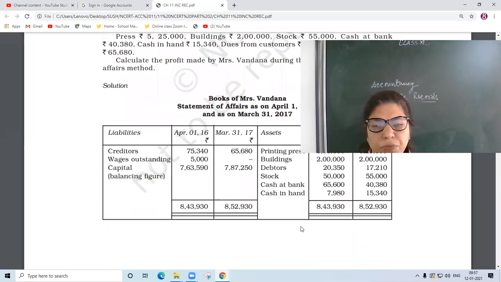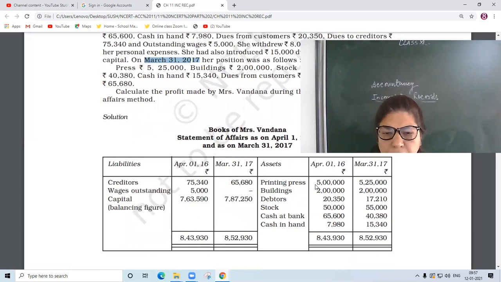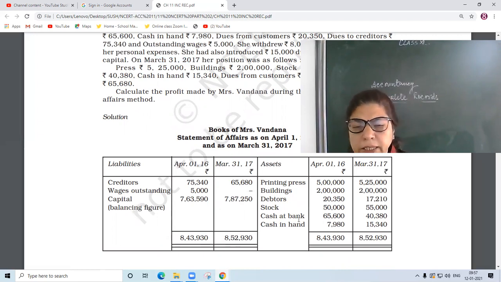See, the way of making the statement of affairs will be the same. Printing press asset, building asset, debtors asset, stock asset, cash at bank asset, cash in hand asset. Clear? The total of this side is this and this side is this.